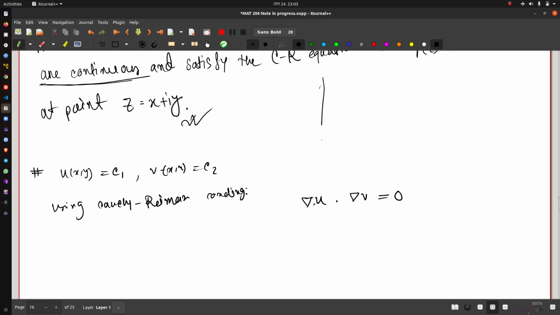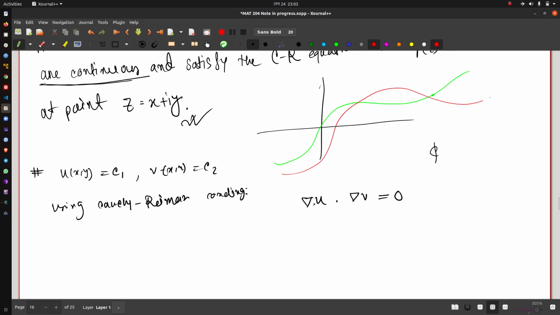What does that mean? Let's say you have this complex plane, and let's say this is our u curve in the complex plane, and this is the v curve, something like this, or it can be like this, whatever. The gradients of u and v will always be perpendicular to each other, because through the dot product you can see whether two vectors are perpendicular or not. So why take this gradient?